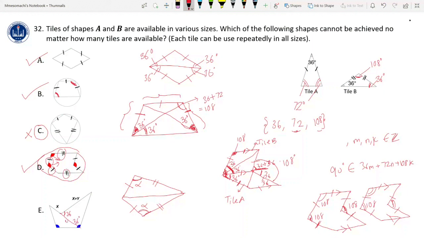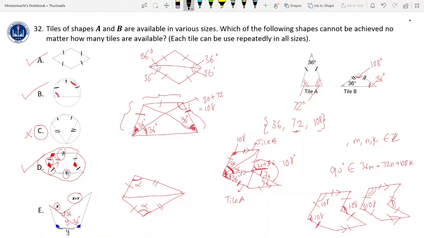So let's call the base of this tile A here Y, and from here to here, X. So we want to show that from here to here it's X plus Y. Okay, so I'll just check to see that I typed the question correctly. Okay, yeah. So in the question, it's actually given that this side length here should be Y. So sorry about that, I didn't show that. So it's actually given that from here to here should be Y.